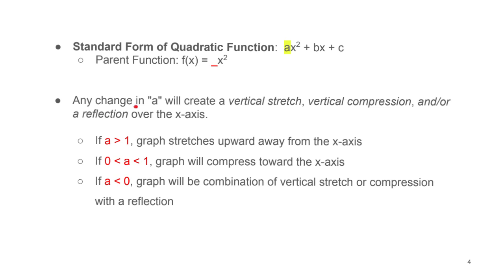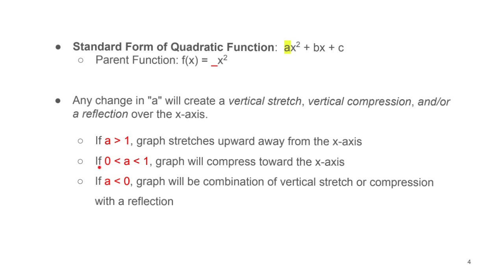Let's read this. It says any change in a will create a vertical stretch, vertical compression, and or a reflection over the x-axis. So now we're looking at the value of a. If the value of a is greater than 1, the graph is going to stretch upward away from the x-axis.